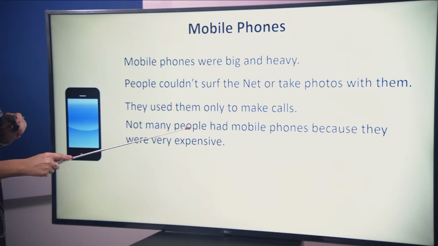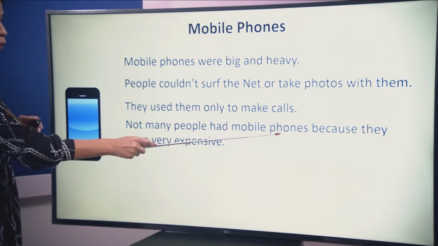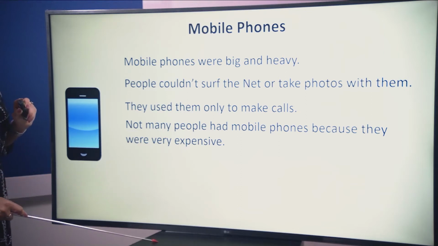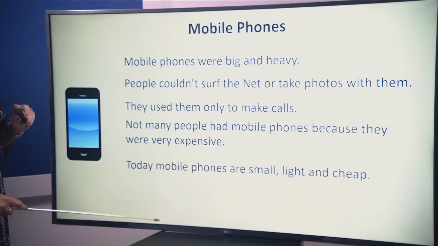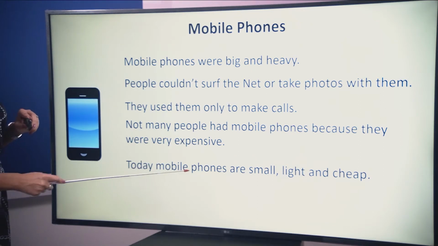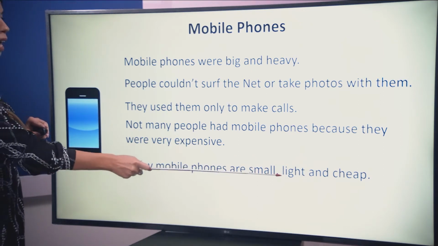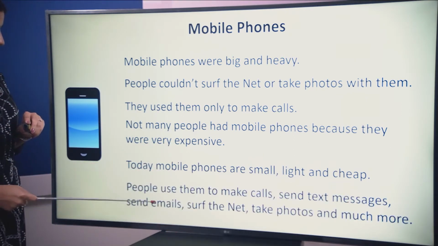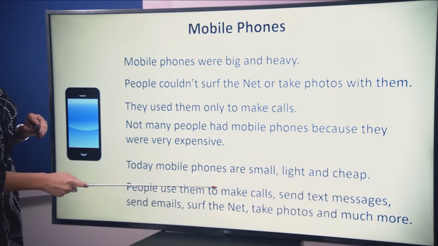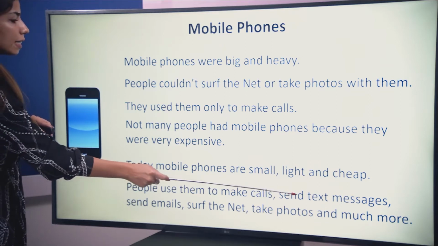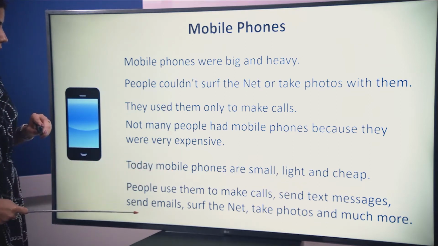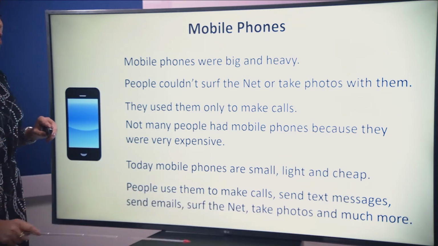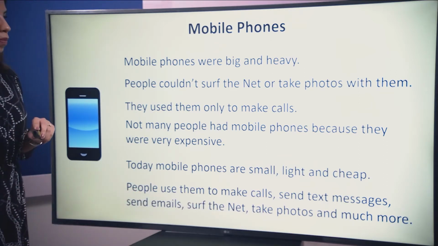Not many people had mobile phones because they were very expensive. Today, mobile phones are small, light, and cheap. People use them to make calls, send text messages, send emails, surf the net, take photos, and much more.